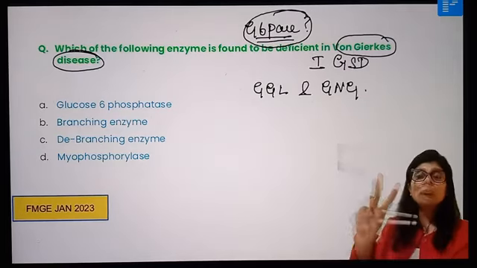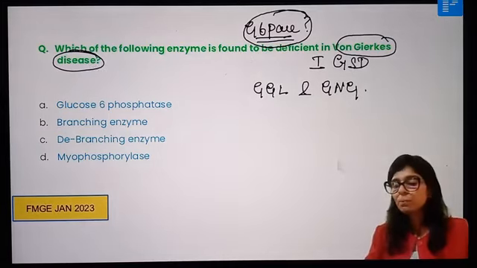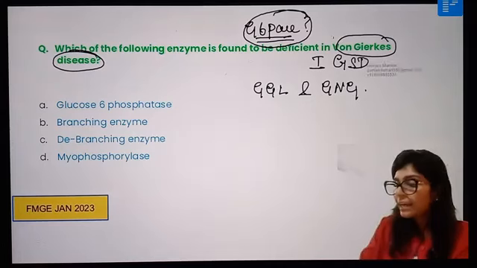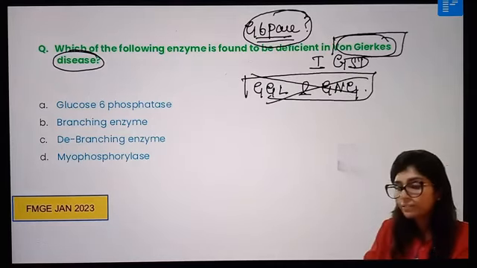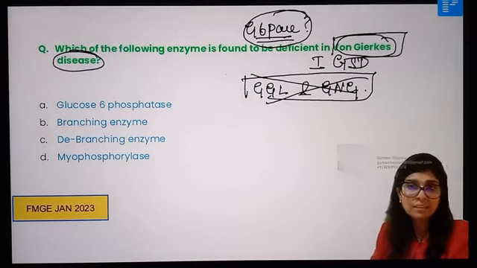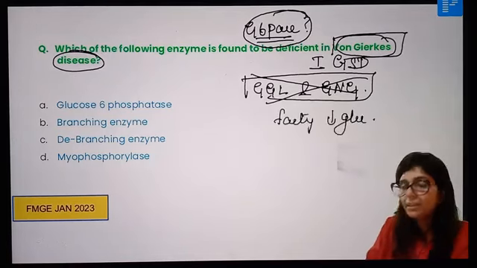There are just two pathways in your body which can maintain blood glucose. Those two pathways are glycogenolysis and gluconeogenesis. And in von Gierke's disease, both these pathways are defective. So there is no way blood glucose can be maintained. So what does it present as? It presents as severe fasting hypoglycemia.